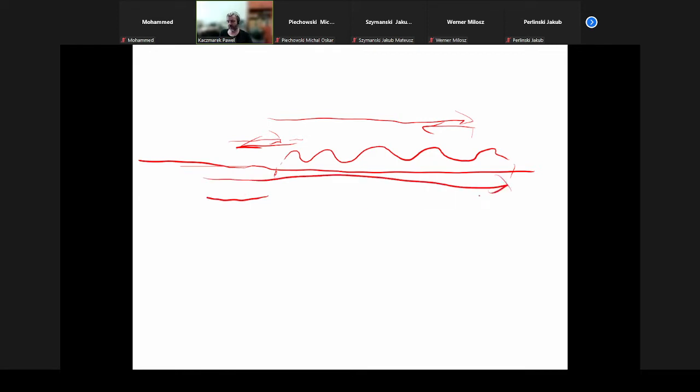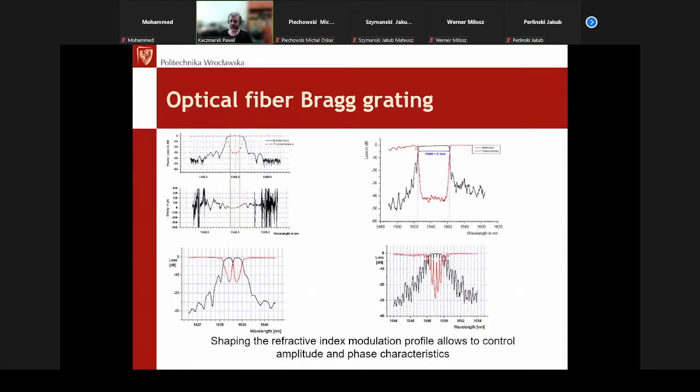So we can compensate the dispersion of a quite long fiber line using such a Bragg grating structure with not a constant period along the grating, but continuously changing. This grating also will have quite wide reflective spectra. So you can imagine it can be a Bragg grating which is quite wide band operating.